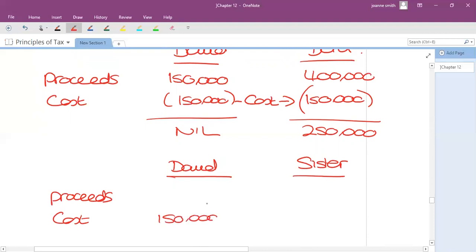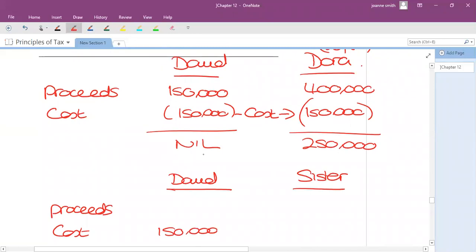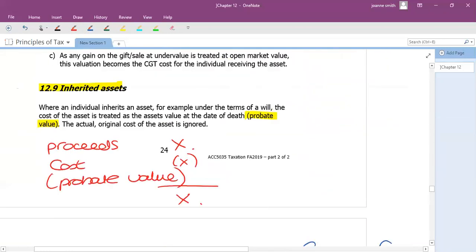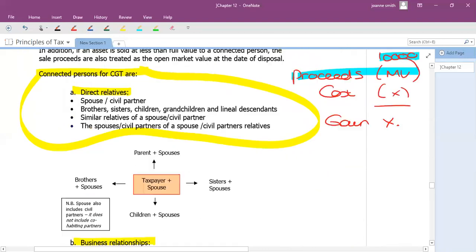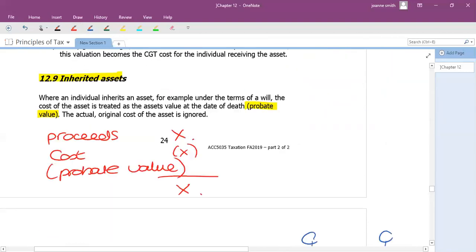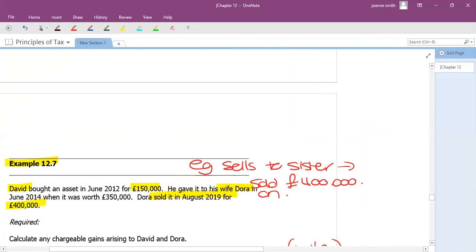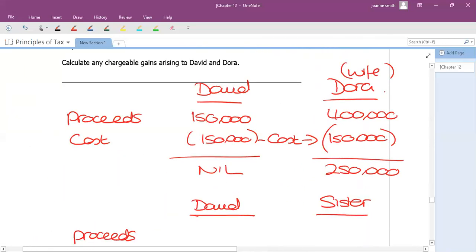Now, what he can't do is what he did here with Dora. He can't have a nil gain, because what we said on the previous page is that if we're dealing with connected parties, which his sister would be, we have to treat the proceeds as market value. So we're going to take the market value for the sister.